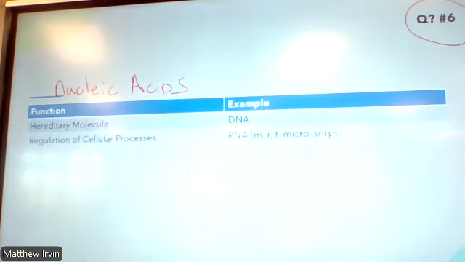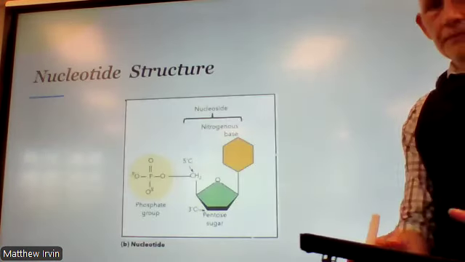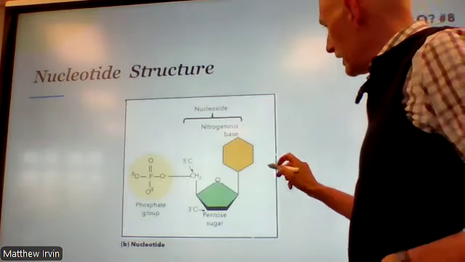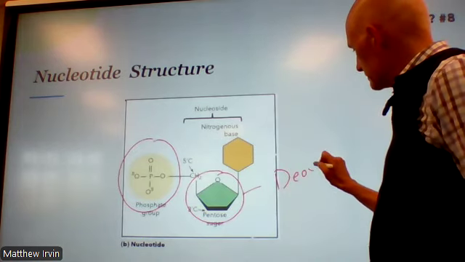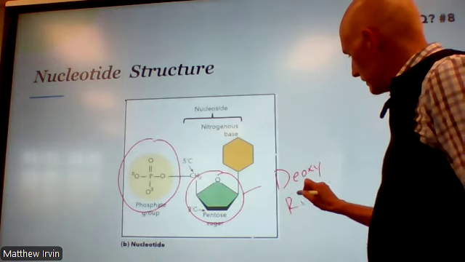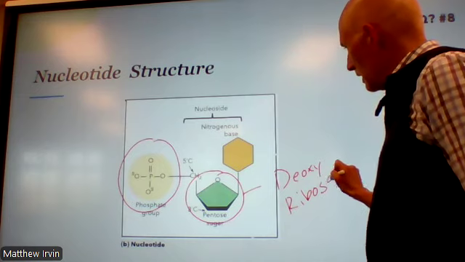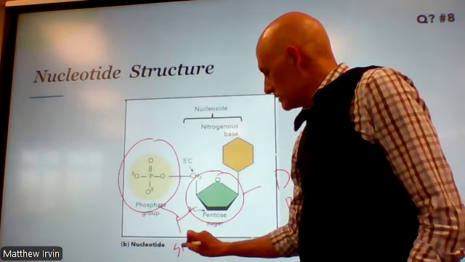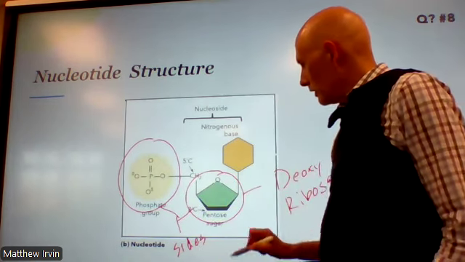All right, moving on. So our basic nucleotide structure, we have a phosphate group. We've got some type of sugar. This could be deoxyribose for DNA or simply ribose for RNA. And these two are going to make up the sides of the DNA or the RNA.